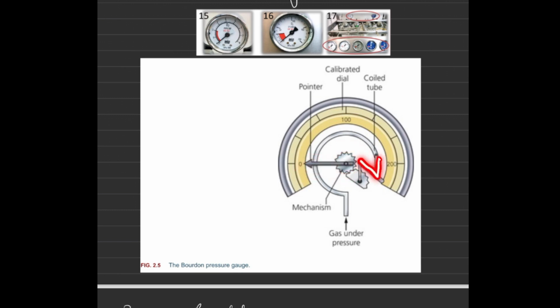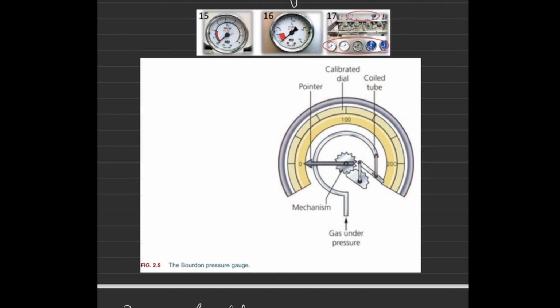The pointer moves on a calibrated dial. So there are three things we have to remember: a coiled tube with an open end and a sealed end, a pointer attached to the sealed end, and a calibrated dial.